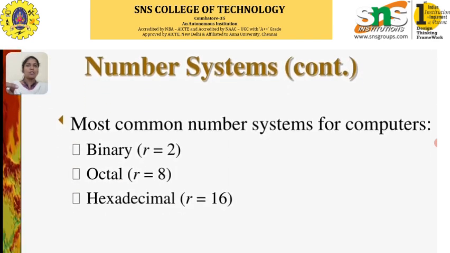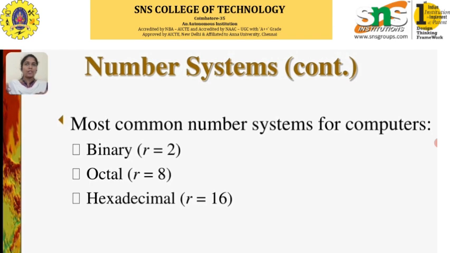The most common number system is the decimal number system, base 10, which we already saw. The decimal number system uses 10 digits and is the standard system for human arithmetic due to its alignment with counting on 10 fingers.